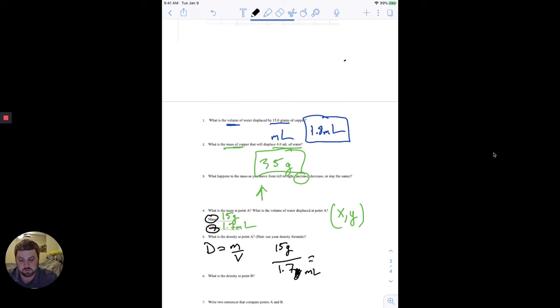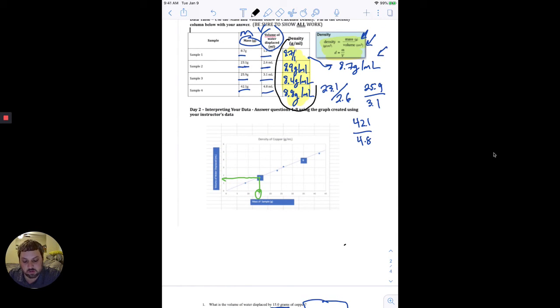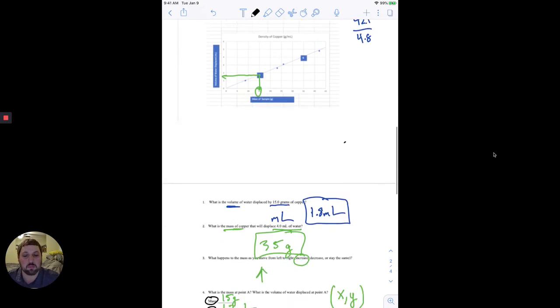Now let's go ahead and plug that into our calculator. 15 divided by 1.7, and we get 8.8 grams per milliliter. And if we notice, this number looks pretty similar to all of these numbers. That's going to be an important piece to kind of keep in the back of our mind.